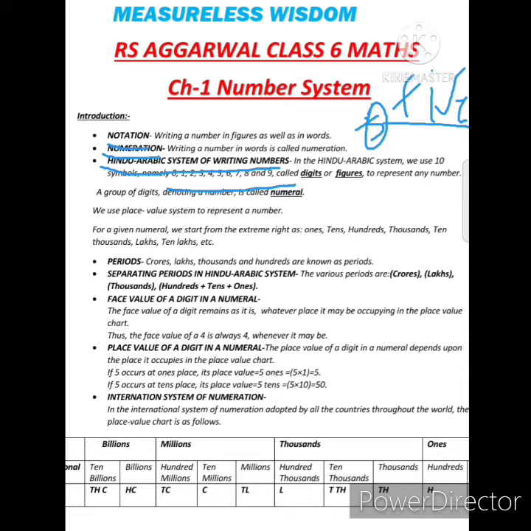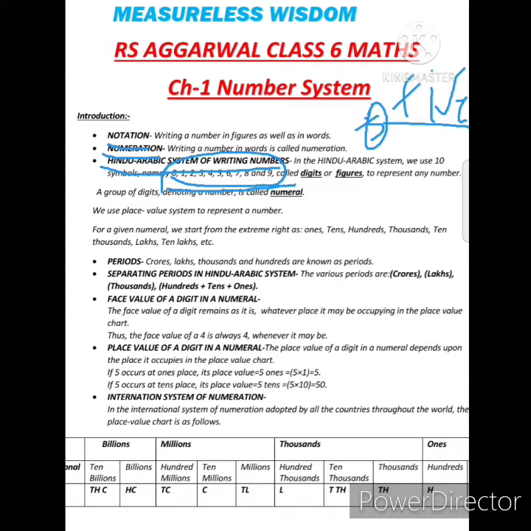You have learned in primary classes that these symbols represent the numbers, and they are also written as digits as well as figures. So you can represent these numbers in two ways.